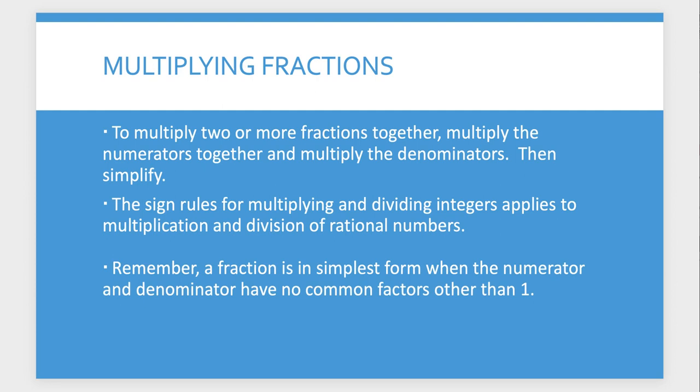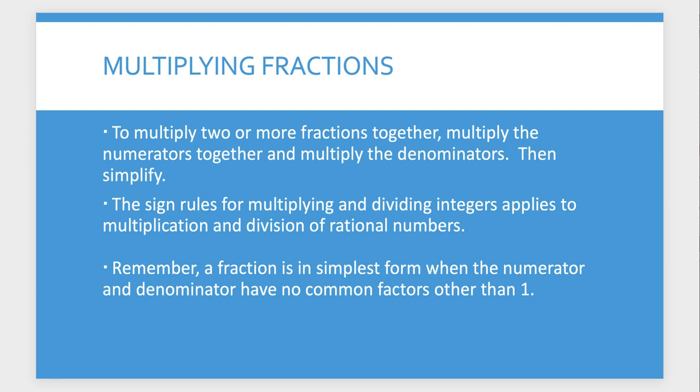Same thing for division. If we divide a positive by a positive, or if we divide a negative by a negative, those like signs, we get a positive answer. If we take a positive number and divide it by a negative number, we get a negative answer, a negative quotient.